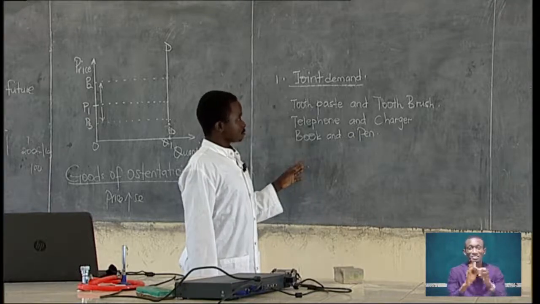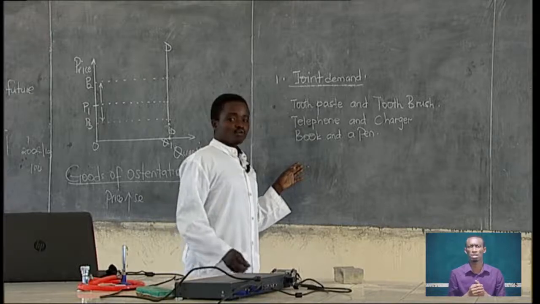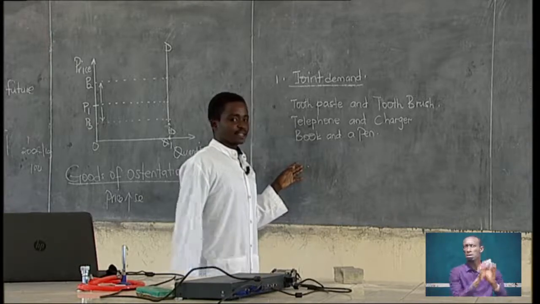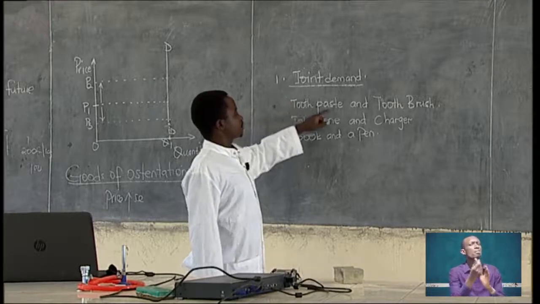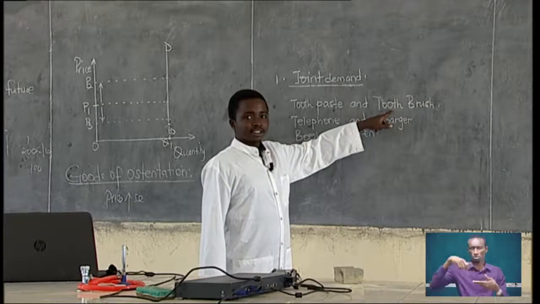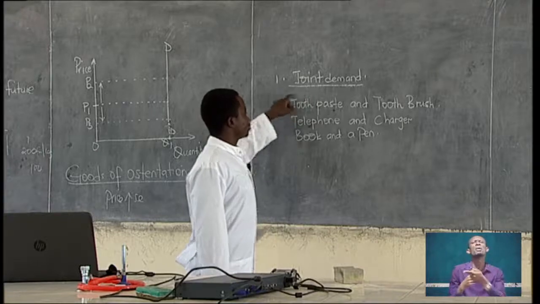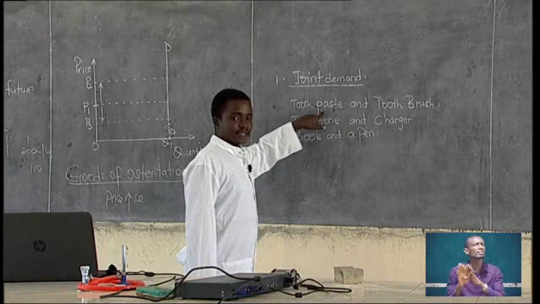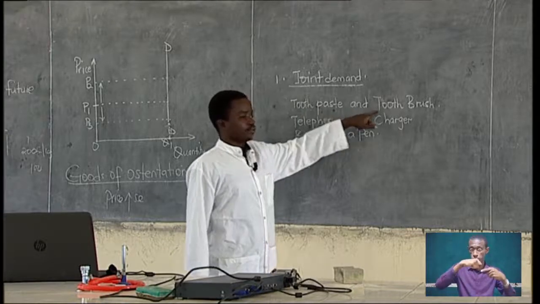Now you should know, what is the effect of an increase in price? If there is an increase in the price of toothpaste, what happens to the demand for toothbrush? Following the law of demand, if there is an increase in the price of toothpaste, then that may reduce the demand for the toothbrush.